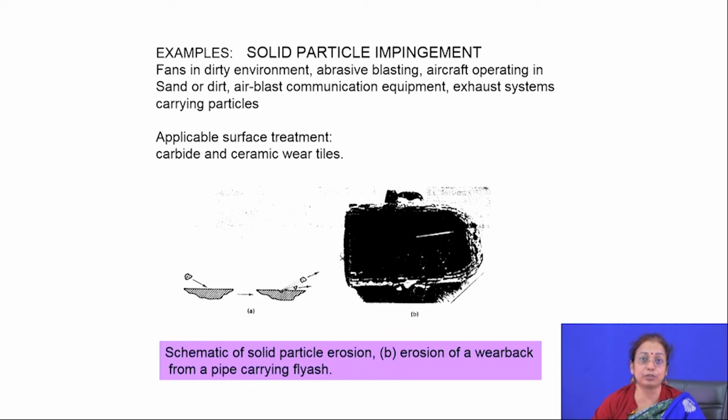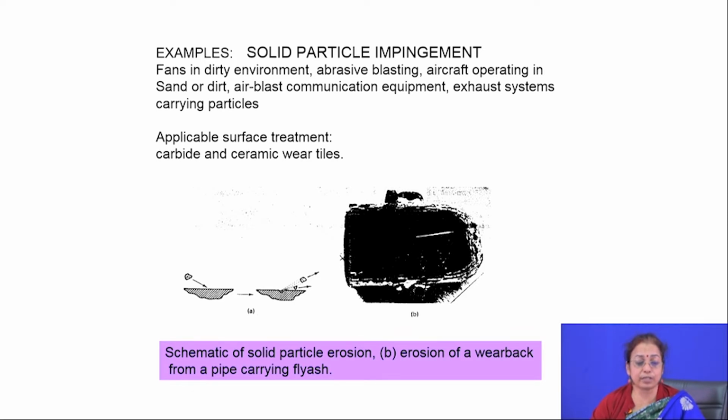The names are after the environment the component is facing, and in some cases after the phenomenon responsible for the process. Solid particle impingement and liquid particle impingement are named after the environment interacting with the surface.